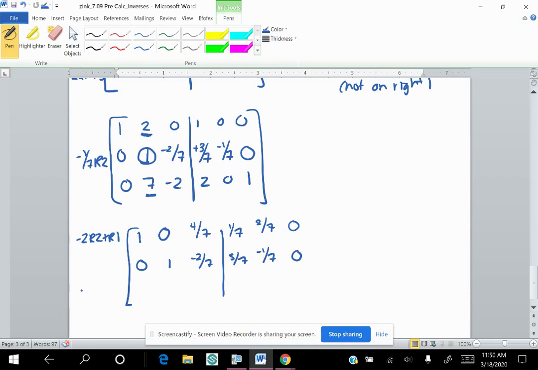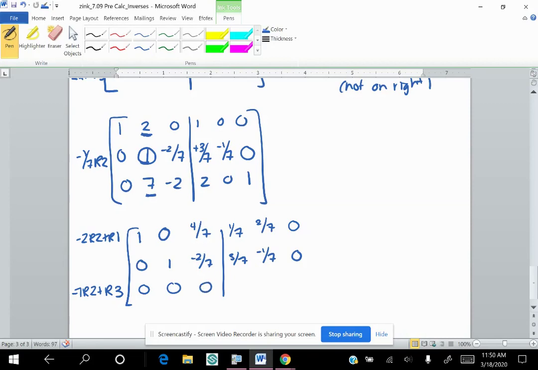All right, and then for the bottom row, we're going to do negative 7 times row 2 plus row 3. So with that one, I'm going to get 0 still. Negative 7 plus 7 is 0. Negative 7 times negative 2/7 is positive 2.